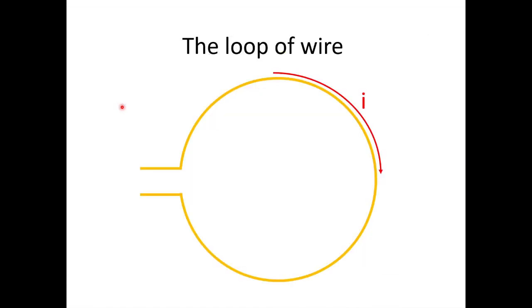But going back, because we are trying to explain it using classical theory, you can imagine we have a loop of wire, and we have a current flowing in the loop of wire. Using the right-hand rule, this is going to create flux lines that are going down into the page on the interior of the loop and coming up out of the page on the outside of the loop.